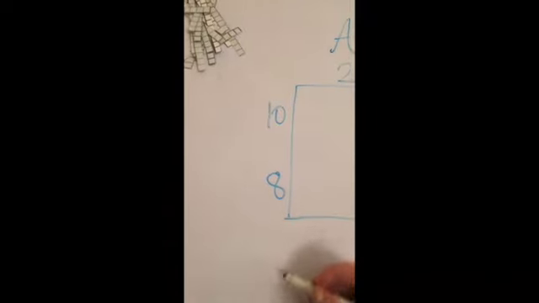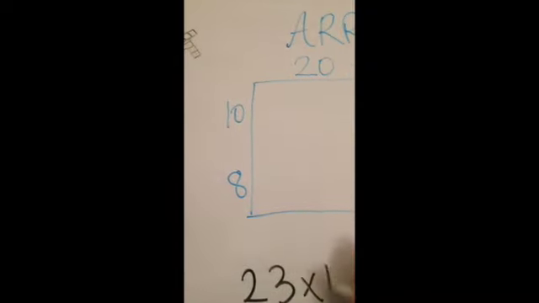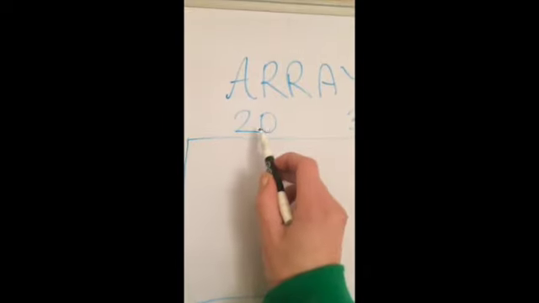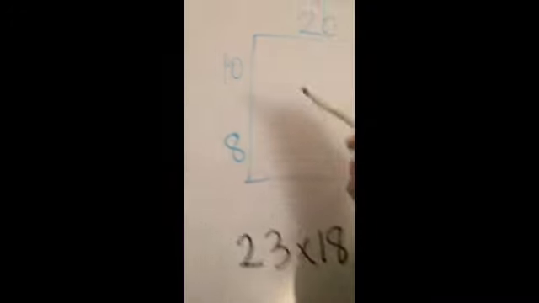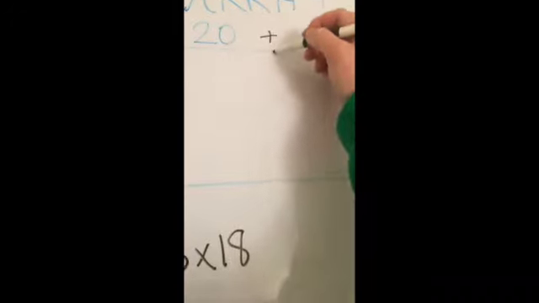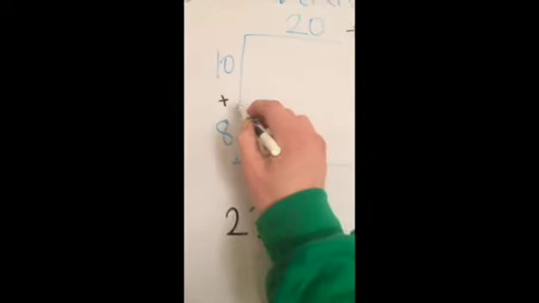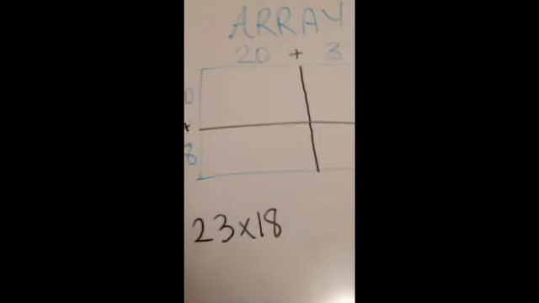The array model. We know our equation, and this is how we'll break it up. 23 can be broken into 20 plus 3, which we see up top, and 18 can be broken into 10 plus 8. Where the additions are, I will go down and I will create a square.